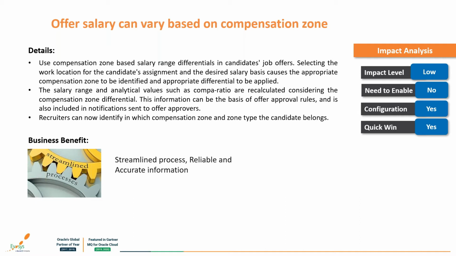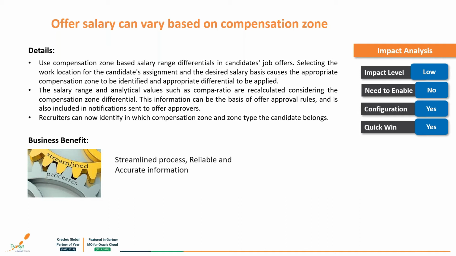So previously, what was happening? The criteria could be the location, business unit, or location plus business unit. But now, Oracle has expanded to include the compensation zone as well when creating offer salaries.